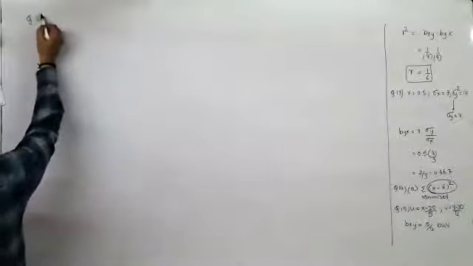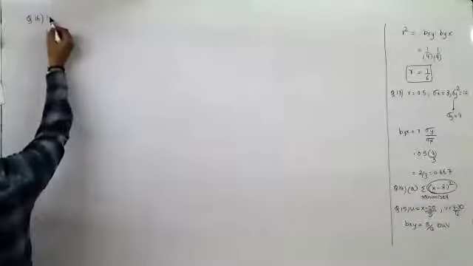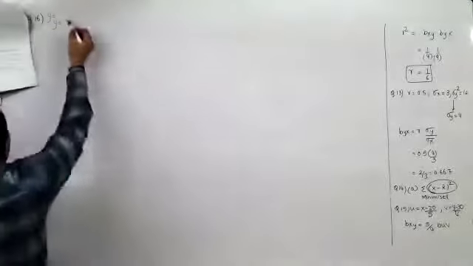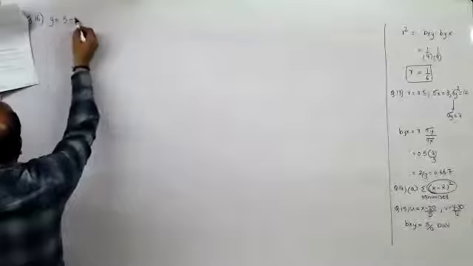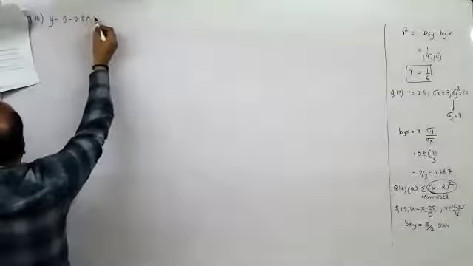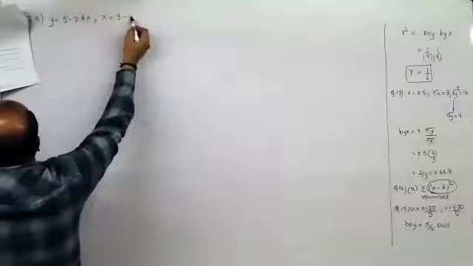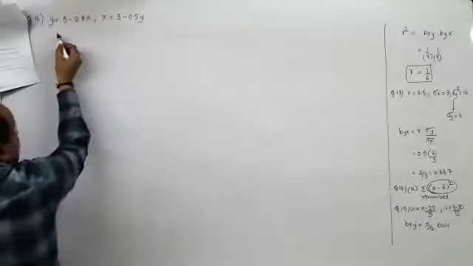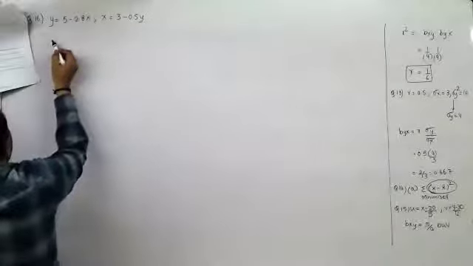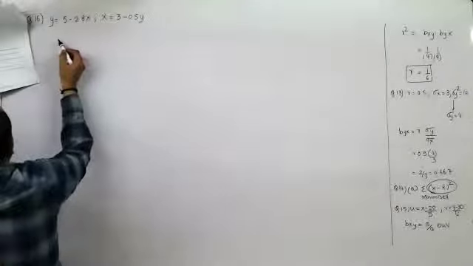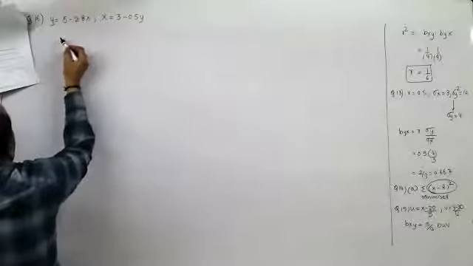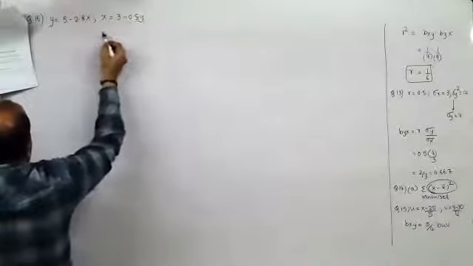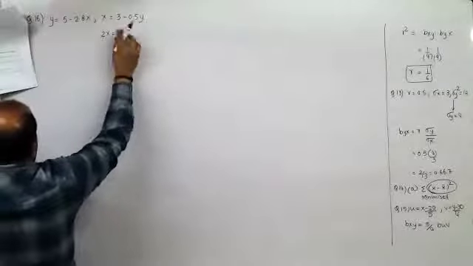16th one. y equal to y minus 2.8x, x equal to 3 minus 0.5y. Now this would be what? Here they haven't given which one is y on x and which one is x on y. Multiply by 2, you get 2x equal to 6 minus y.